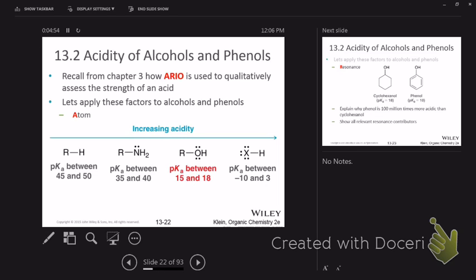Alkanes, pKa, are in the 45 to 50 range. So what does that mean about their conjugate base? If the pKa is 45, 50, what does it mean about the acid strength? And then what does that mean about the conjugate base strength? Lower acidity.